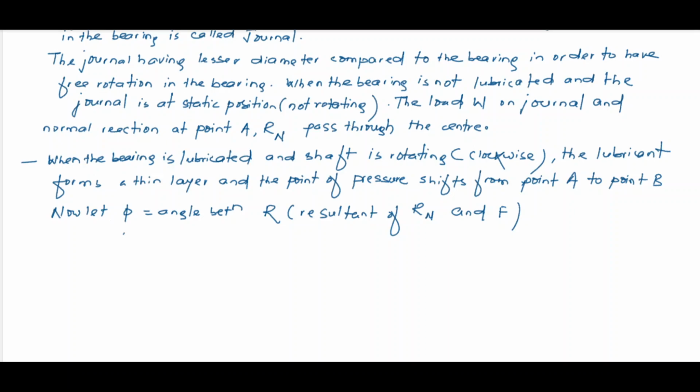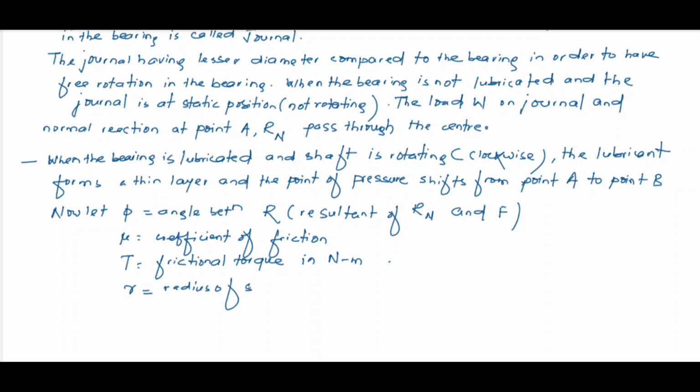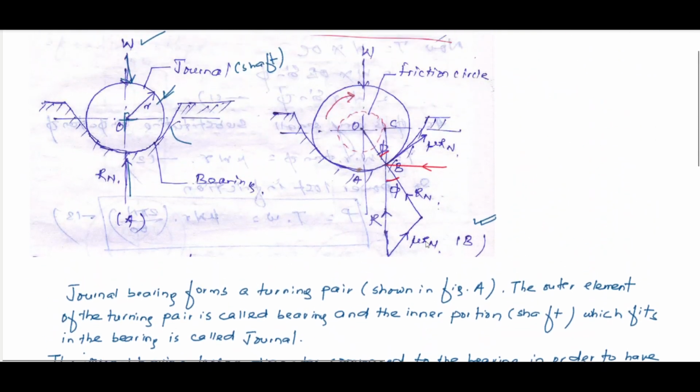Mu is the coefficient of friction, and T is the frictional torque in Newton meter, and small r is the radius of shaft in meter.